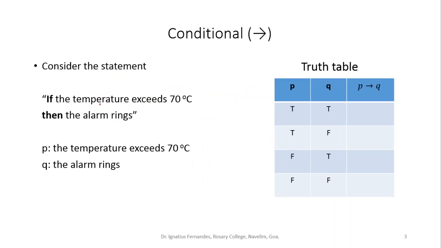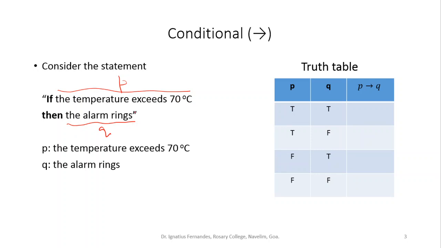So for that, let me look at the statement. If the temperature exceeds 70 degrees Celsius, then the alarm rings. Let me consider this as P as we said, and this as Q. I am making a statement saying that if the temperature exceeds 70 degrees Celsius, then the alarm rings. When will you say I am true?